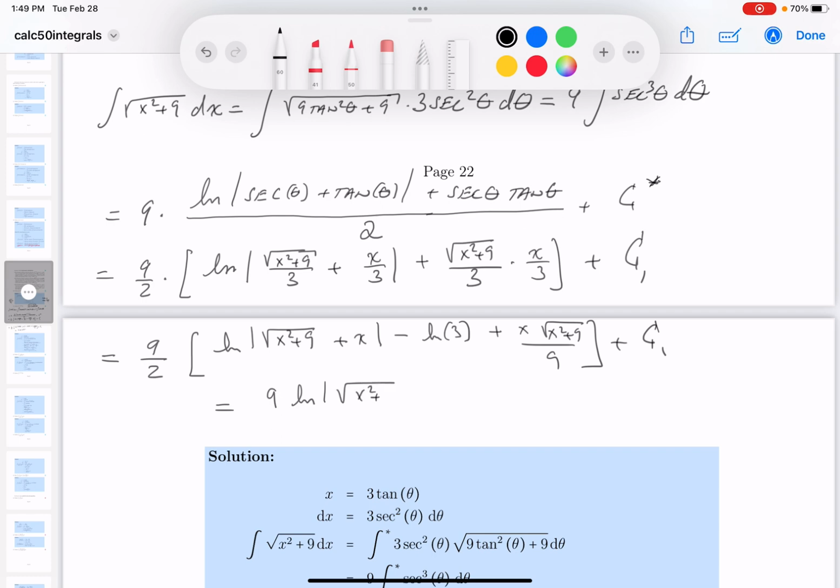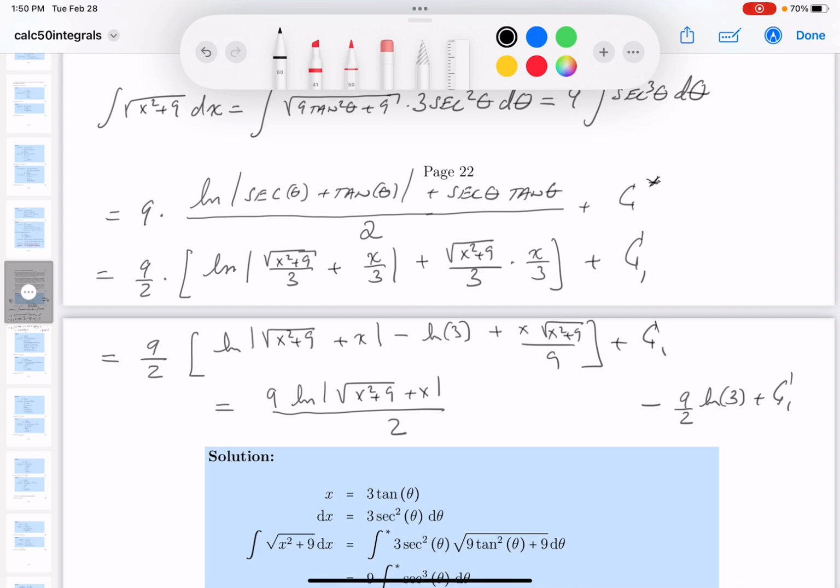X squared plus 9 plus x, close that out. That's over 2. 9 halves times that number there is going to be, I'll put it on the other side, 9 halves ln 3 plus C1. I'm going to say minus that.